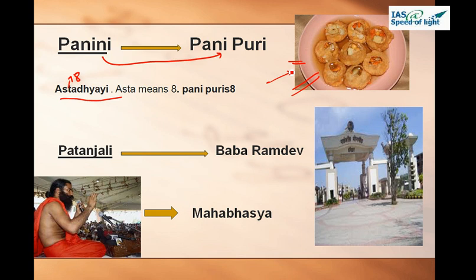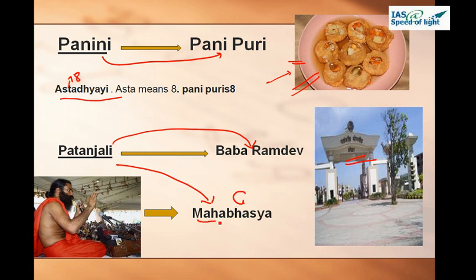Patanjali. From Patanjali we get Patanjali Yogpeeth of Baba Ramdev, right? So for Patanjali, our image will be of Baba Ramdev. Patanjali wrote a book, Mahabhashya. Mahabhashya means a great speech.